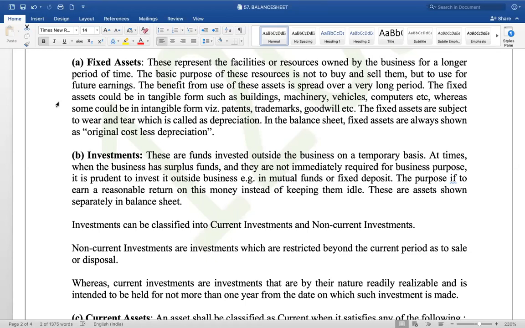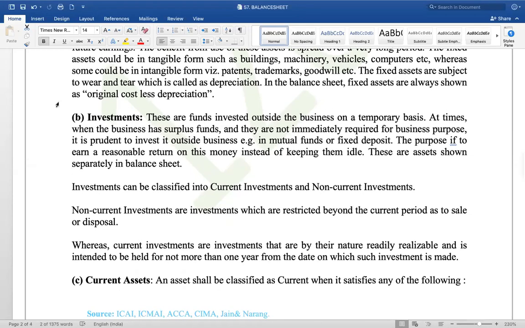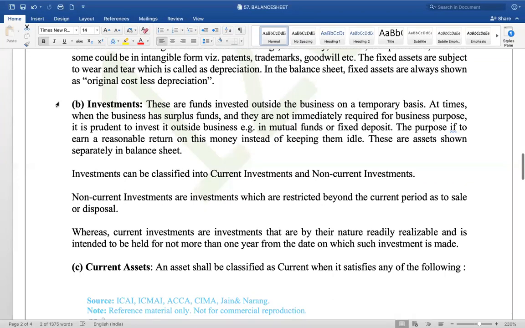The fixed assets could be in tangible form, like your building, machinery, vehicles, computers, and sometimes they can be intangible: the patent that you buy, the trademark that you buy, the goodwill. In the balance sheet, fixed assets are always shown at original cost.